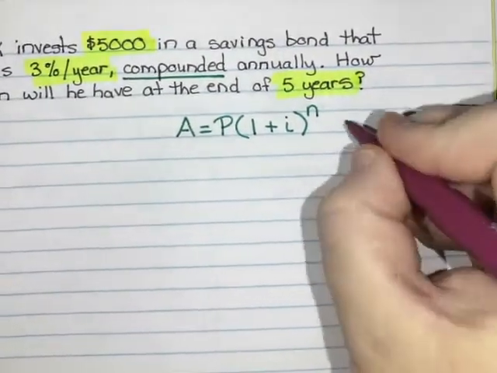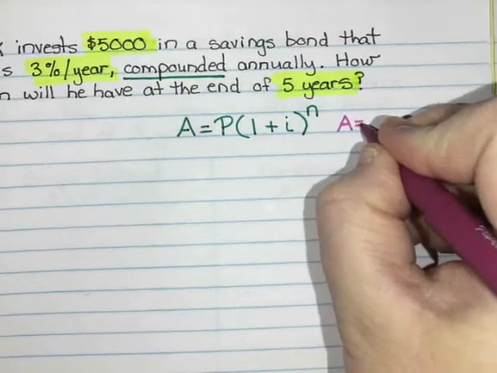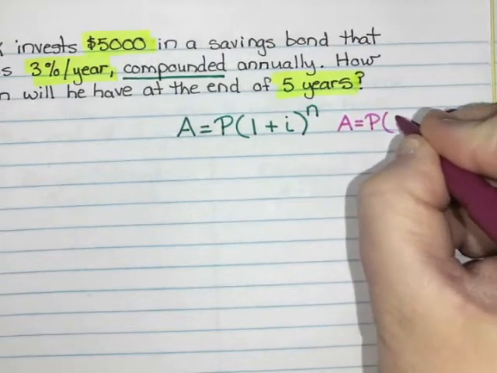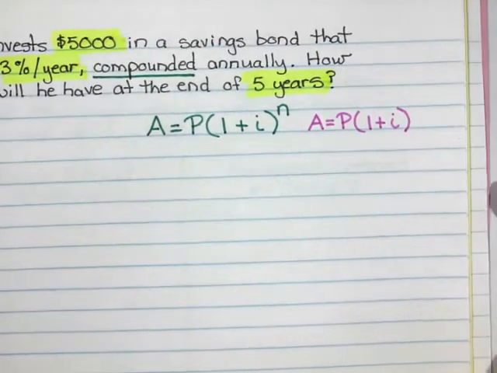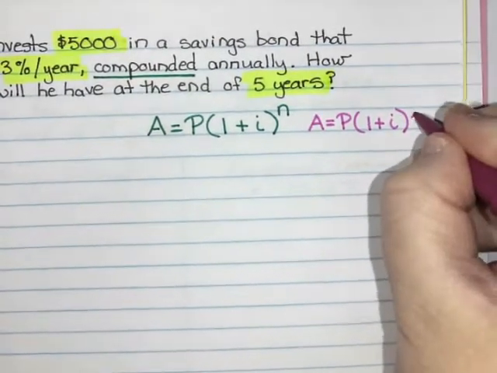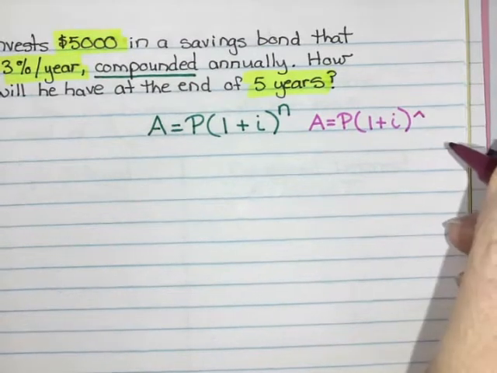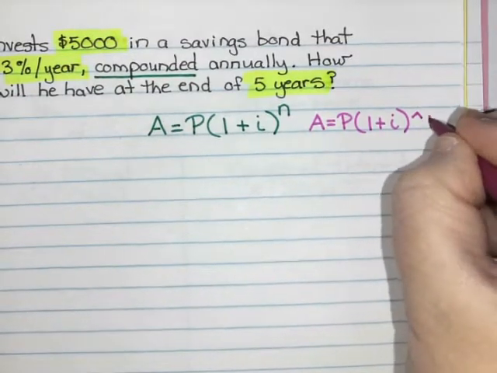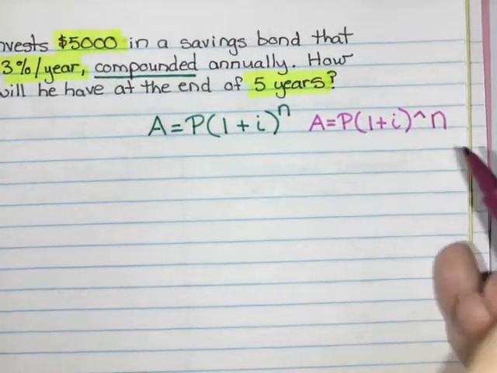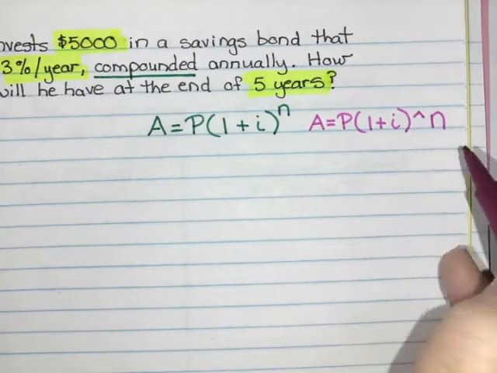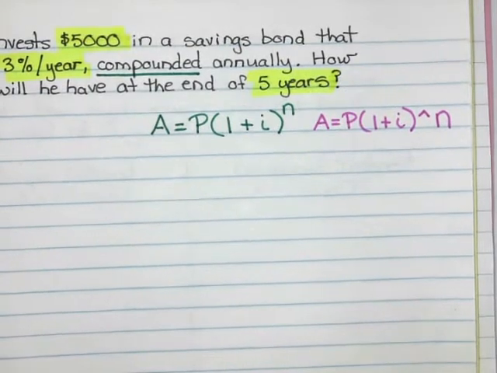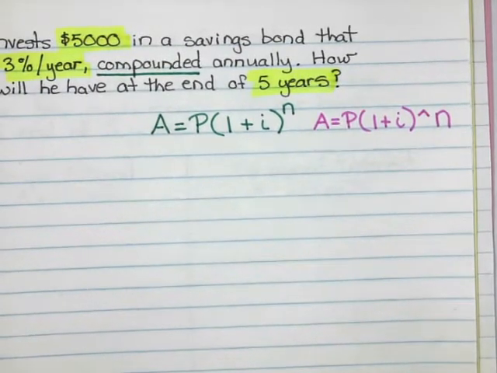So we would do A equals P times 1 plus I, close the bracket, and then to show a power, we use the caret. That's the same thing you use in Desmos to do exponents, and then power of n. So when you're typing something in the form, you're going to have to use that weird little caret just to show that it's an exponent, because we can't type an exponent easily in a Google form.